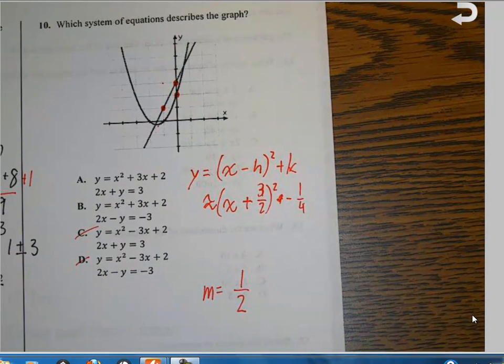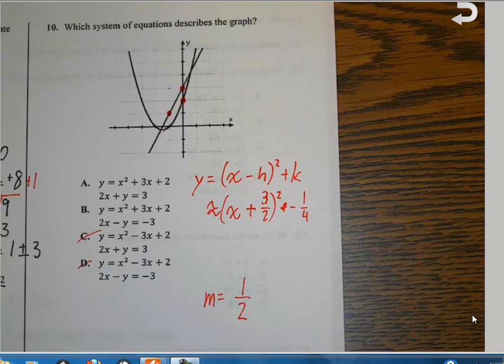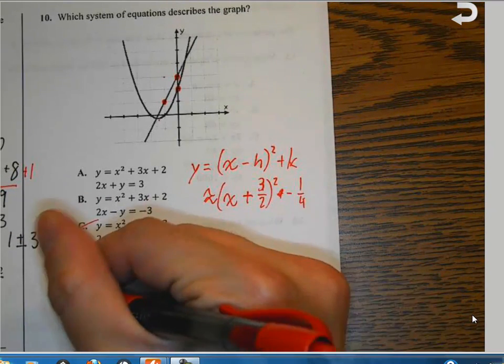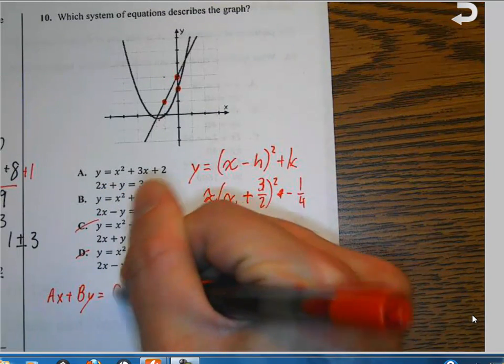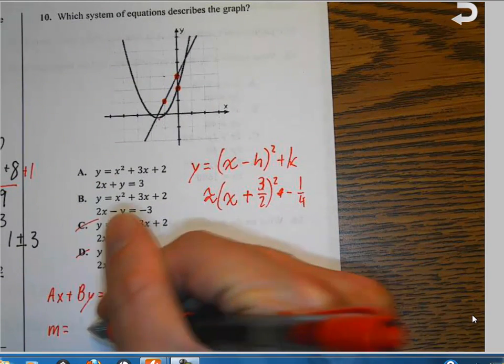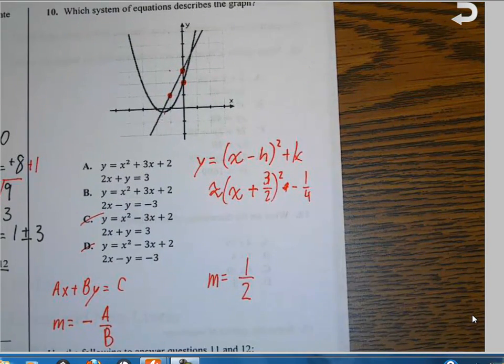This is where that little neat trick comes in. That doesn't help us too much because our linear equations here are both in standard form. But this is the part where that trick that if I'm given a standard form equation, ax plus by is equal to c, and I remember that my slope is negative a over b, well, that comes in really handy.